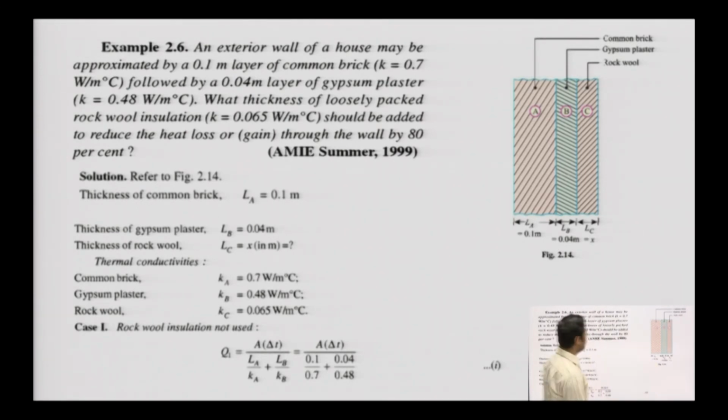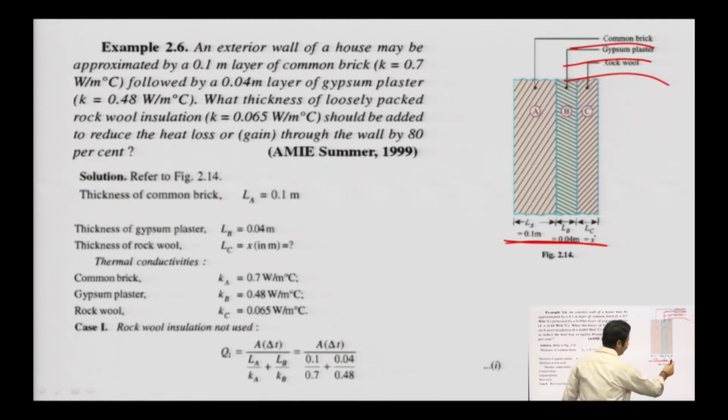Now as you can see, it is common brick, gypsum plaster, rock wool. So here it is given. This is the thickness of the rock wool that you need to find out, okay. What is the thickness of loosely packed rock wool insulation that should be added to reduce the heat loss or gain through the wall by 80%, okay.